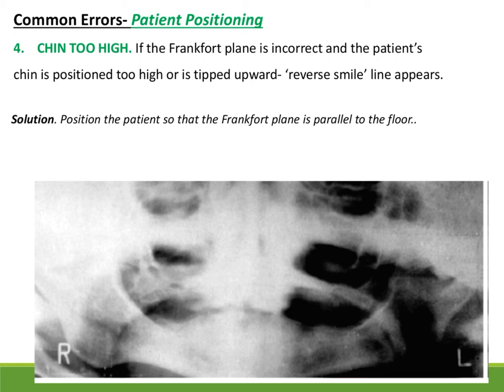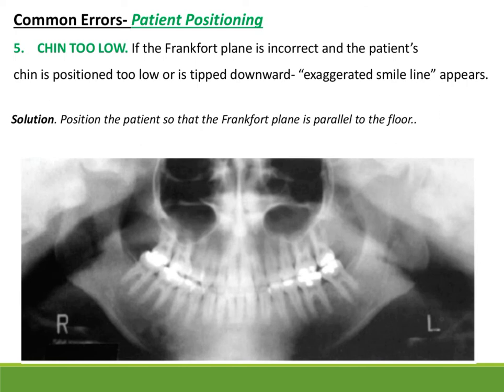The next error in patient positioning is chin too low. The Frankfort's horizontal plane should be only parallel to the floor. That means the head is tipped a little down, which makes the canthomeatal line at 10 degrees to the floor. Here, the patient is standing with the head too far down.